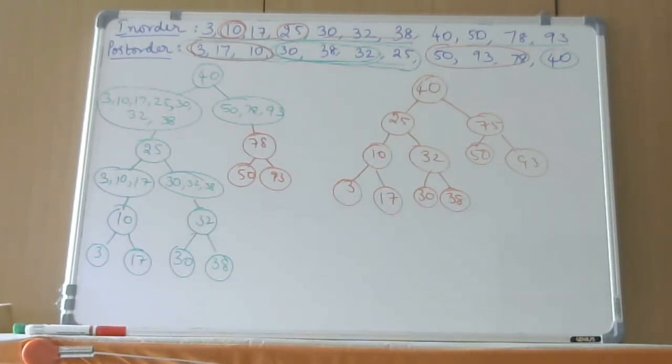We also took up a program which is part of your lab cycle. And then we saw how to search a node, how to delete a node, and how to construct a tree given the traversal. So this completes your chapter on trees.